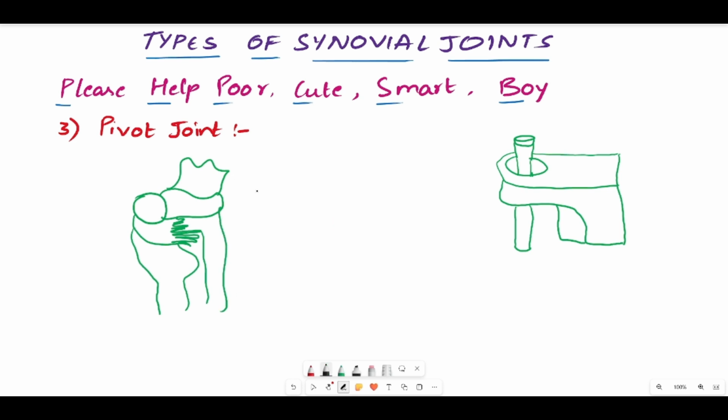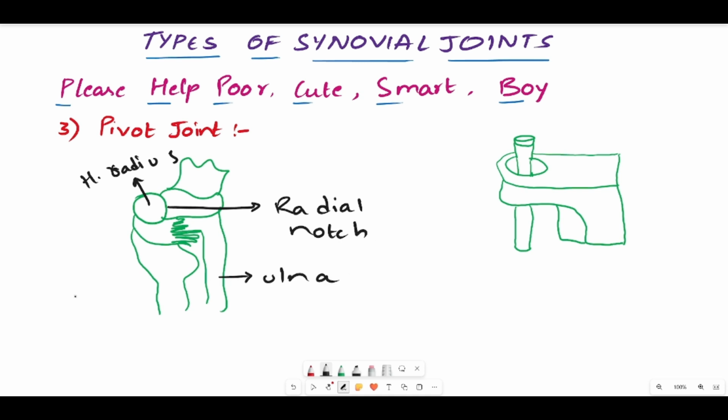So the third type of joint is the pivot joint. Here I have drawn two diagrams. This first one, we will call it the head of radius. This part is called the radial notch. And this bone is the ulna bone and this one is the radius bone.